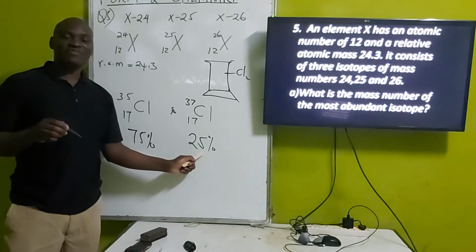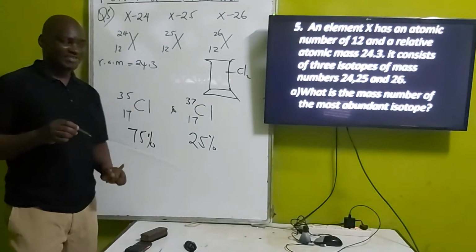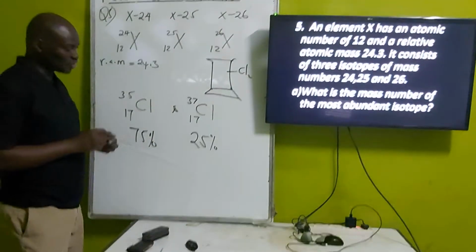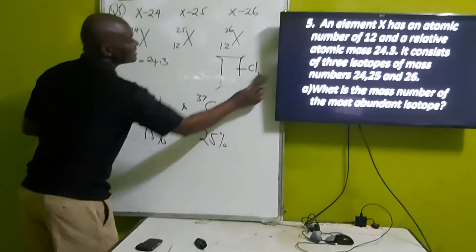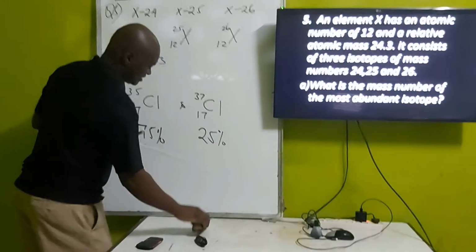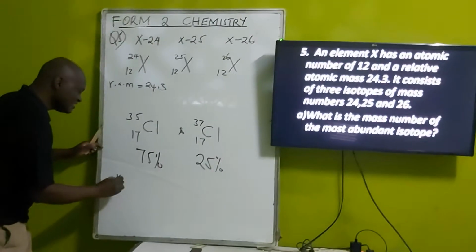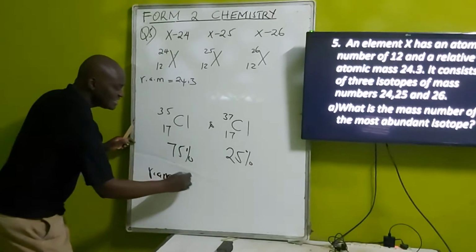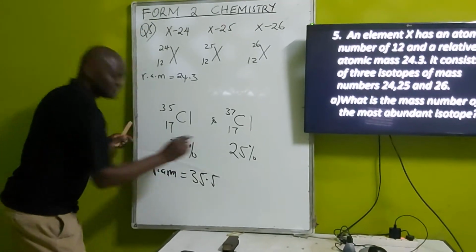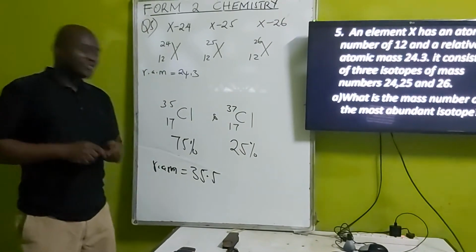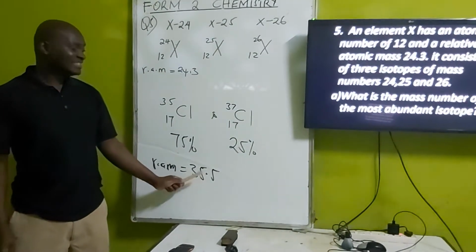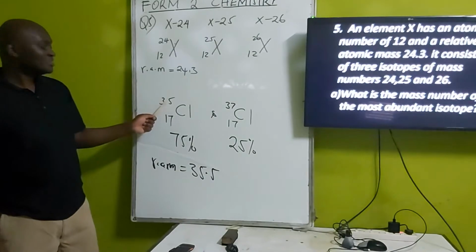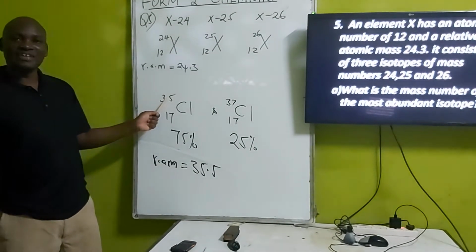And the remaining 25% will be chlorine 37. That's what we need. So, let's continue. Now, the relative atomic mass of chlorine is 35.5. This 35.5 is closer to chlorine 35.